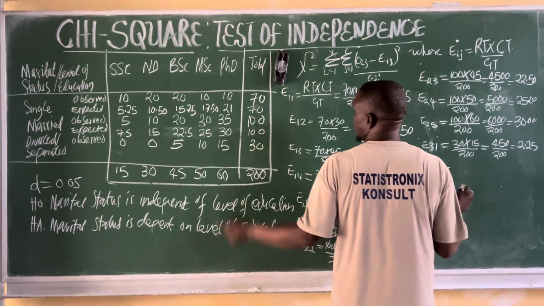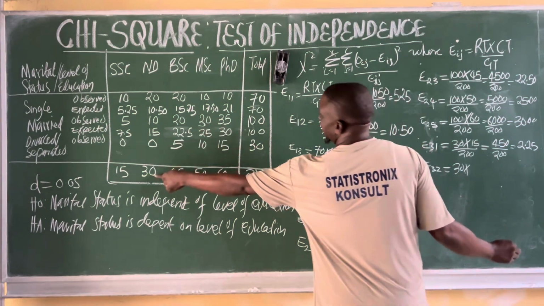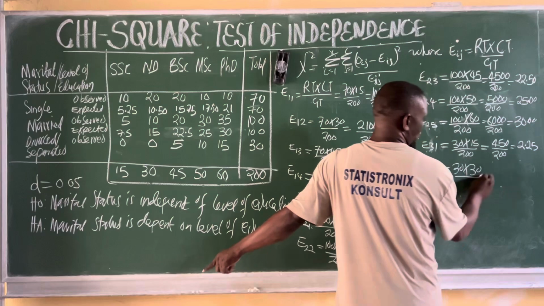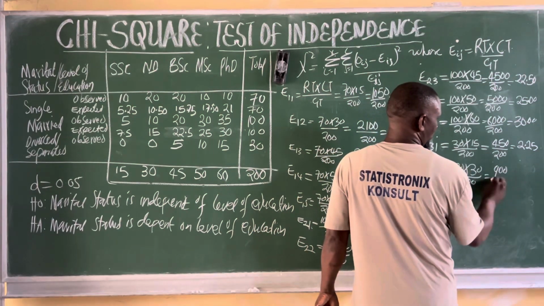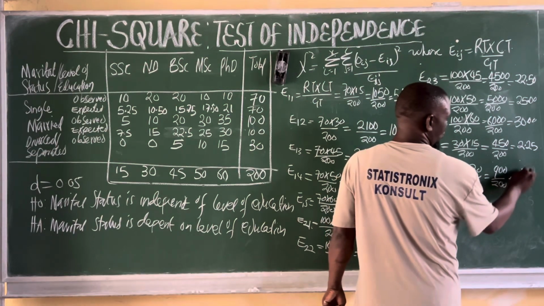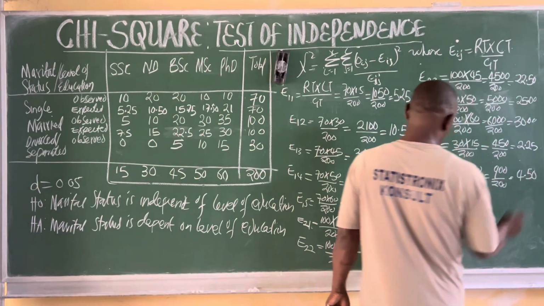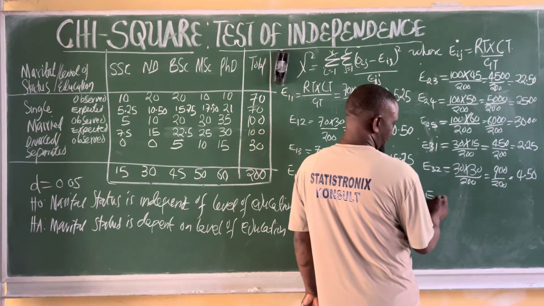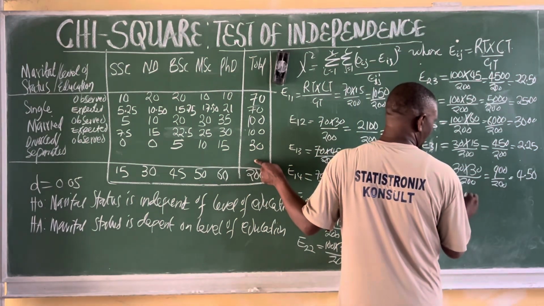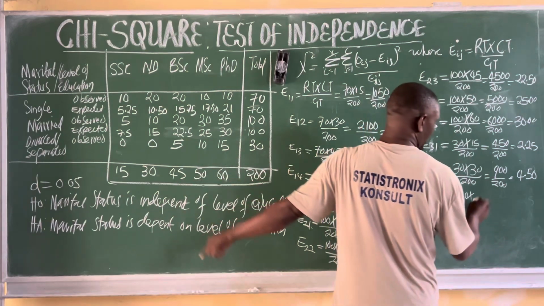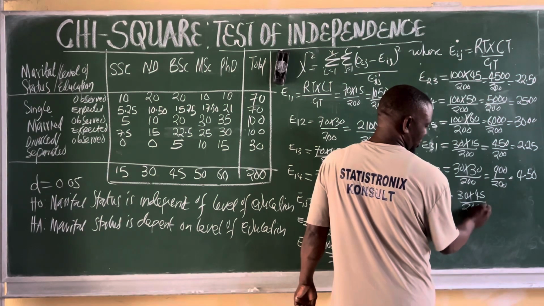So that our E32 will be equal to the total on the row, which is 30, and the total on the column there is 30, all over 200. And that will be equal to 900 over 200, which is equal to 4.50. Our E33 will be equal to the total on the row, which is 30, and the total on the column, which is 45, all over the grand total, which is 200.